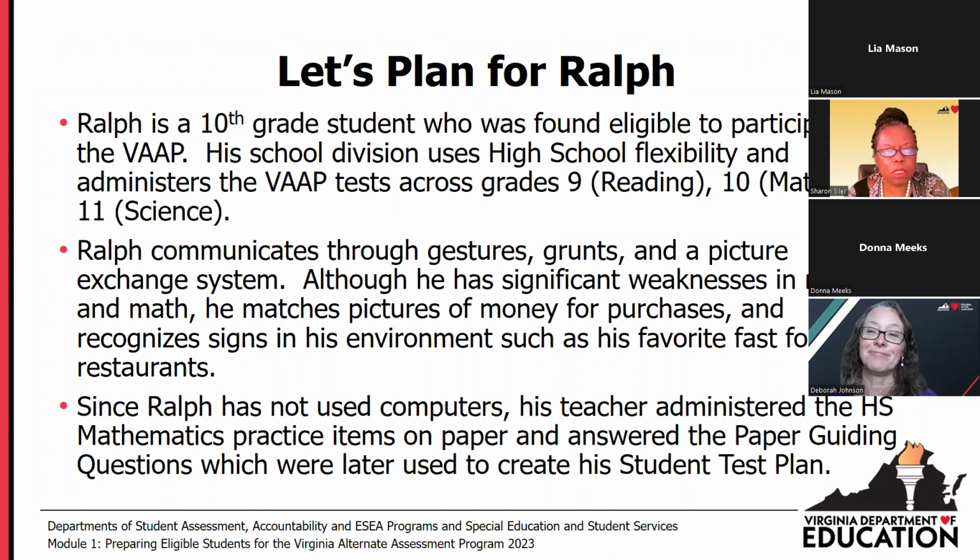Ralph was a student who was found eligible to participate in the VAAP, and he's a 10th grade student. But the interesting thing to note here is that Ralph's school division uses high school flexibility in the administration of the VAAP test.